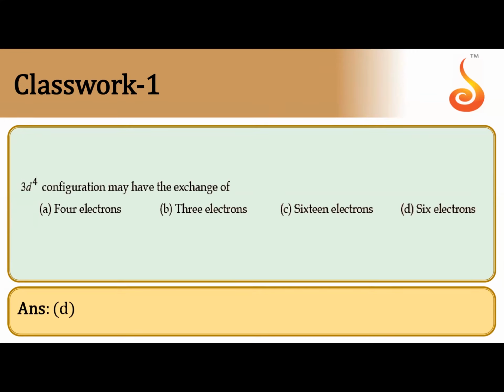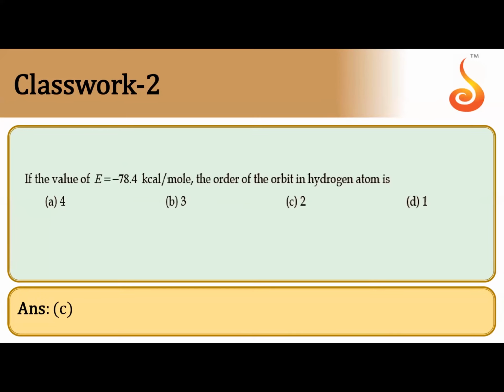Next one. E is some minus 78.4 kcal per mole, and you are asked the orbit. What is the relationship between orbit and E? Orbit is represented as n. Orbit, shell, principal quantum number, all mean the same thing. So it's the shell. What is the relation between energy and n?